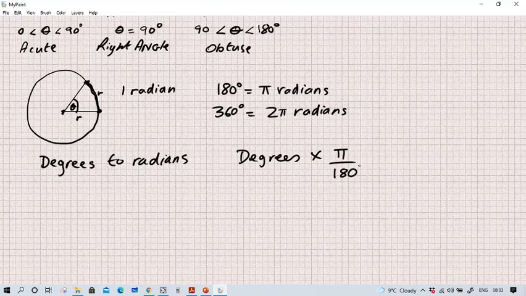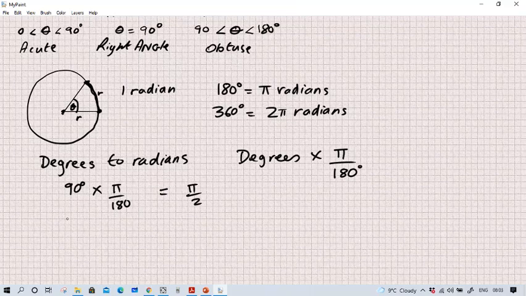That will cancel out the degrees and give our angle as a measure of radians. The first example would be 90 degrees. So 90 degrees times pi divided by 180. The 90 over 180 gives me 1 over 2, which equals pi over 2. So we've converted 90 degrees to radians.